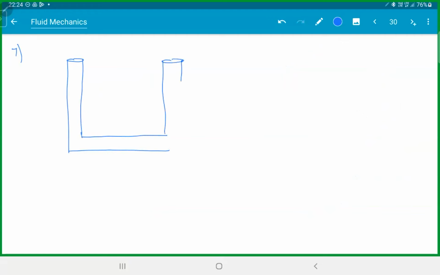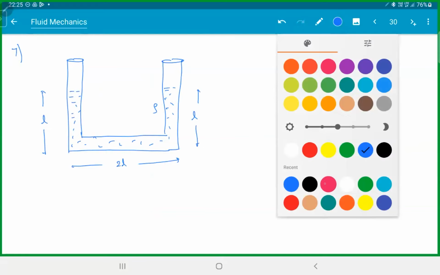So let's say we have a U-shaped container here, filled with liquid. This is L. This is 2L. And this is L. Density is rho. What happened?